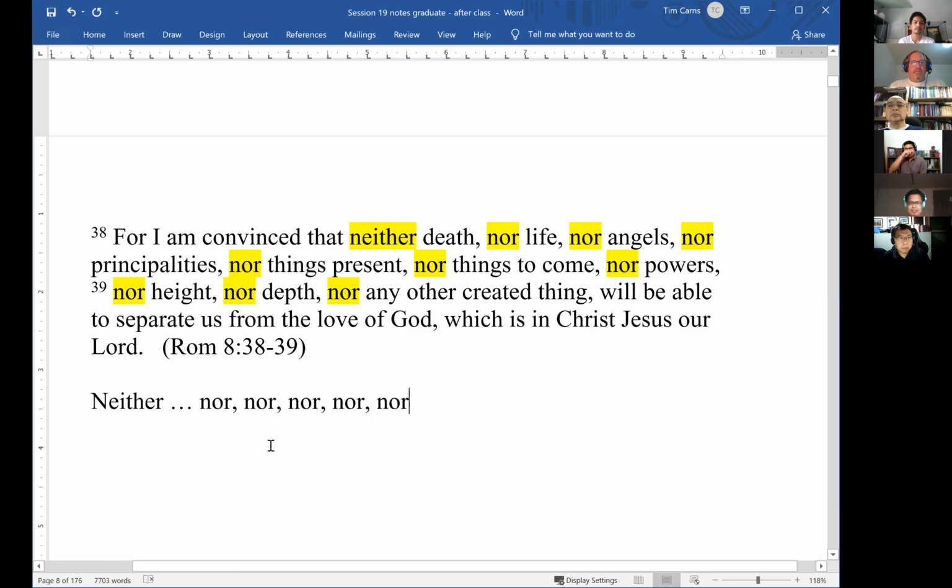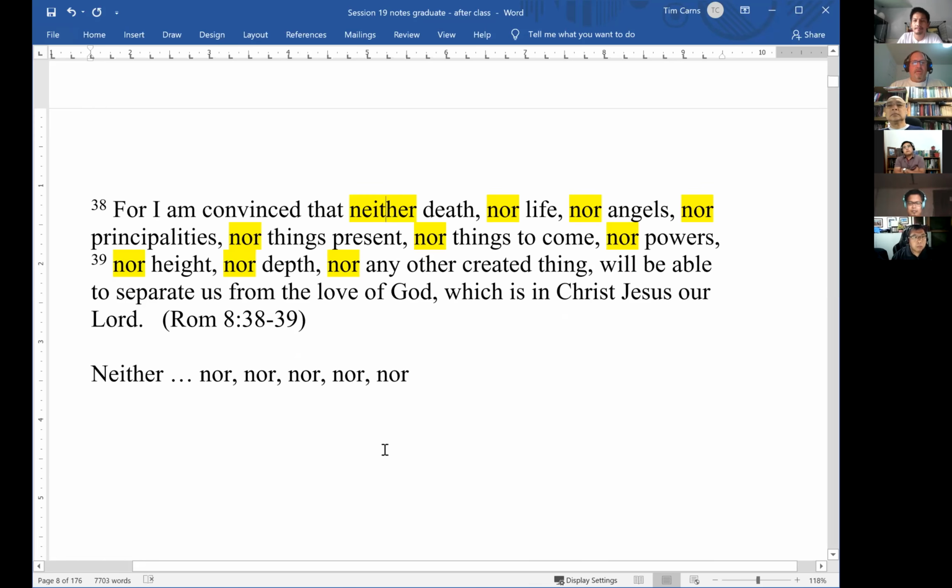All right, good. And he could have said neither angels nor principalities, neither things present nor things to come, but he chose to just use one neither, and then the rest were just the conjunction nor. Okay, good.